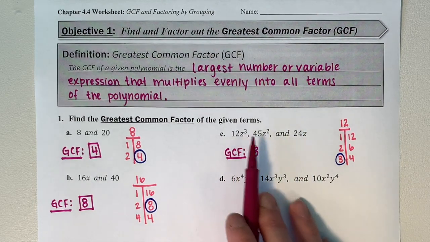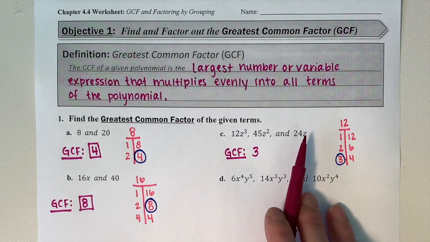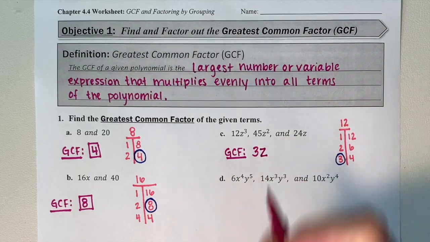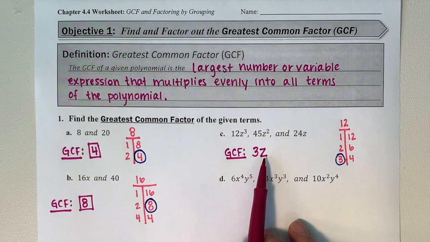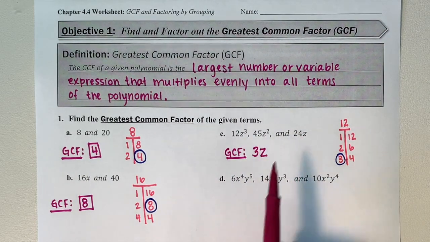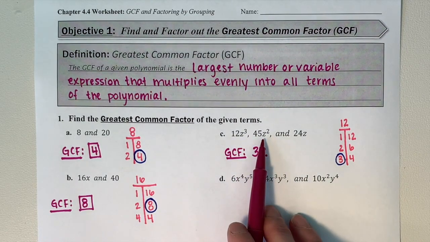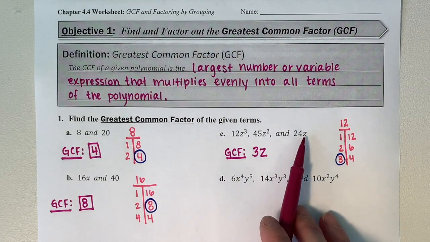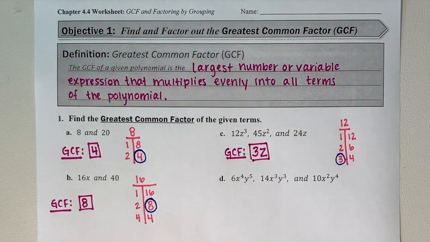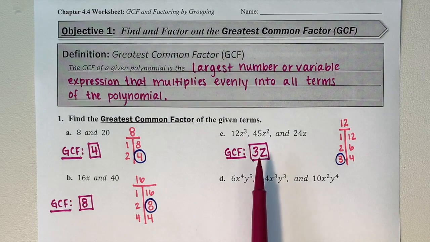So between z cubed, z squared, and z, z is the variable with the lowest exponent. So that's what we put in our GCF, because z multiplies evenly into all three of these terms. z multiplies evenly into z cubed, z also multiplies evenly into z squared, and z multiplies into z. So our GCF for this problem is 3z.